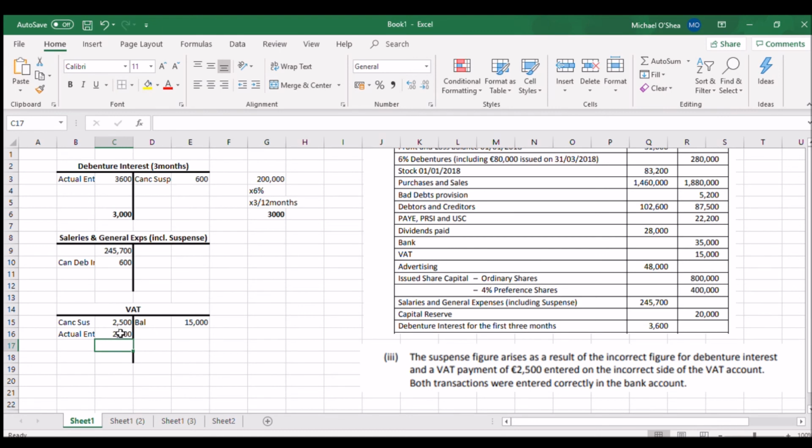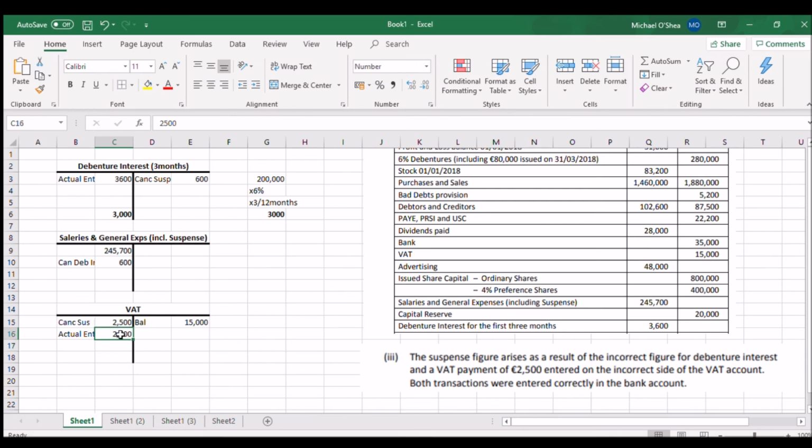If something is entered on the incorrect side in a suspense account, I need to enter it on the other side to correct the mistake, basically cancelling the error that was made, and then I need to do the actual entry. 2,500 was included here, and it shouldn't have been. If I just put the 2,500 here, I've only cancelled the mistake, and I now need to enter it onto the side it should have gone on.